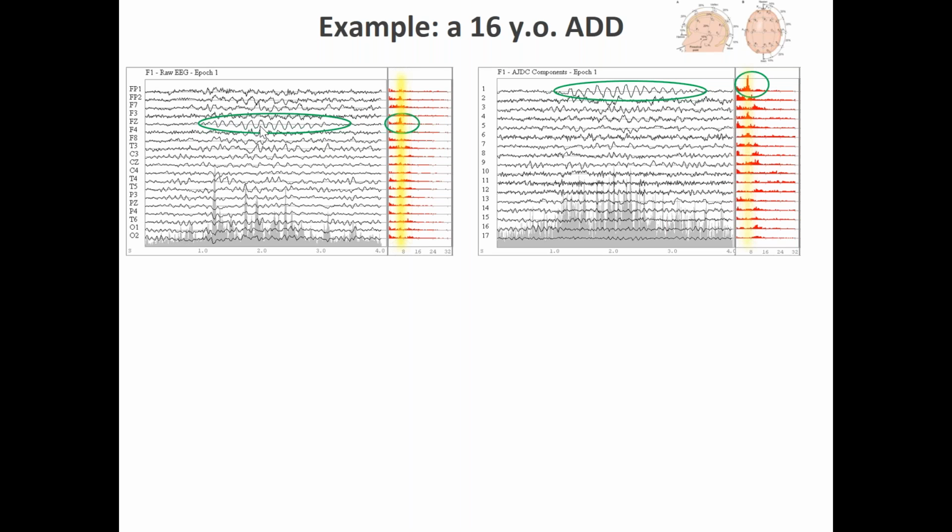The oscillations that you see in the green ellipse are theta, low alpha oscillations. This is the spectrum between 1 and 32 hertz, and you see the peak of the spectrum is about 7 hertz. This is the typical EEG activity that we want to suppress in ADD patients.